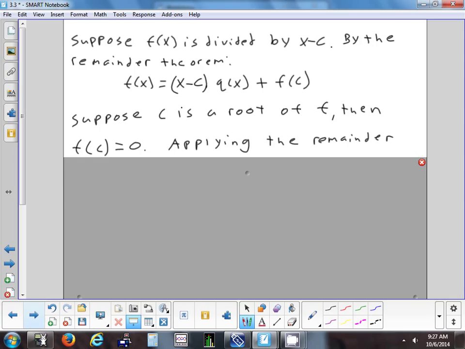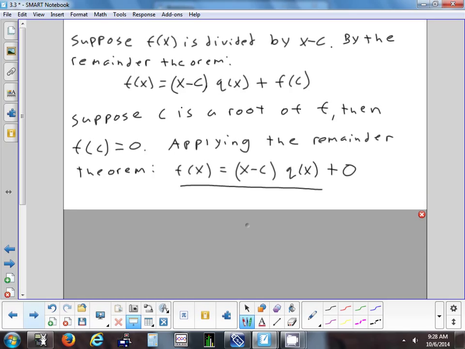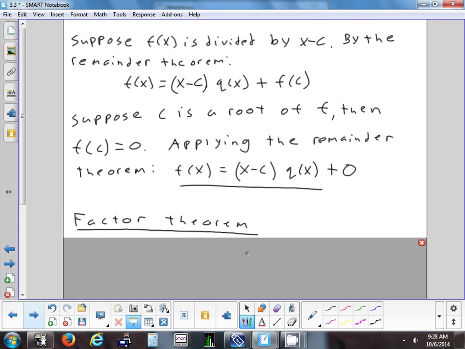So let's apply that idea to the remainder theorem. Okay. So f of x would equal our quotient times our divisor plus our remainder. But in this case, if the remainder is 0, it's just plus 0. And what that means is it's a factor. Okay? That's the important point here.